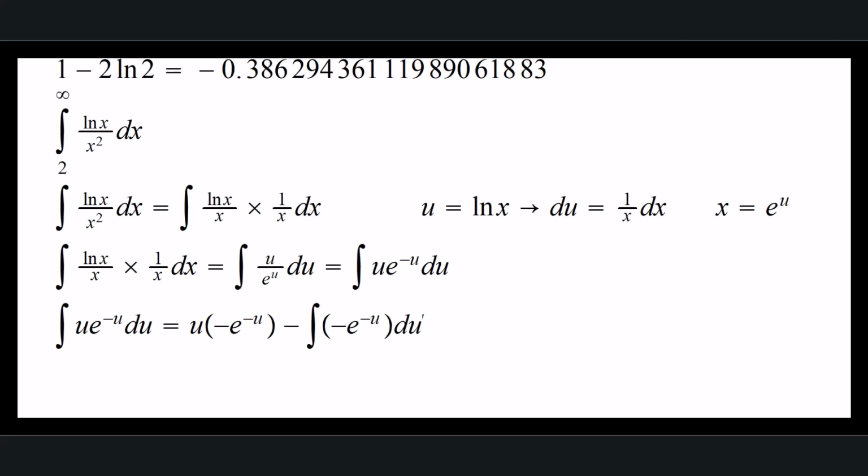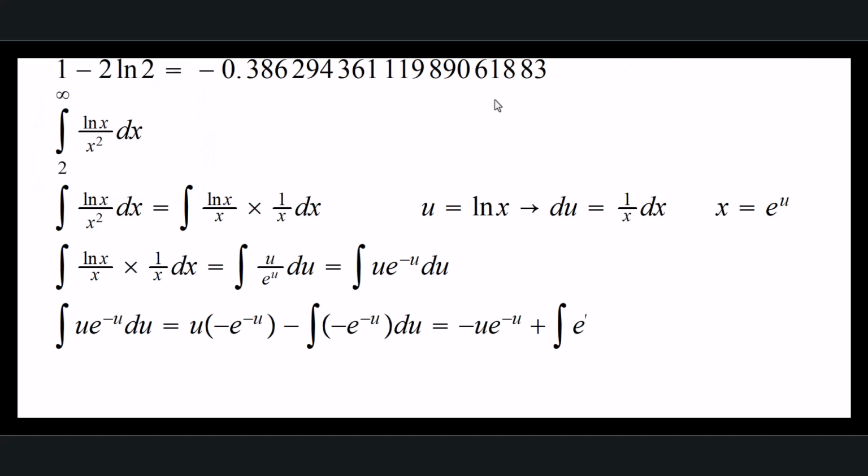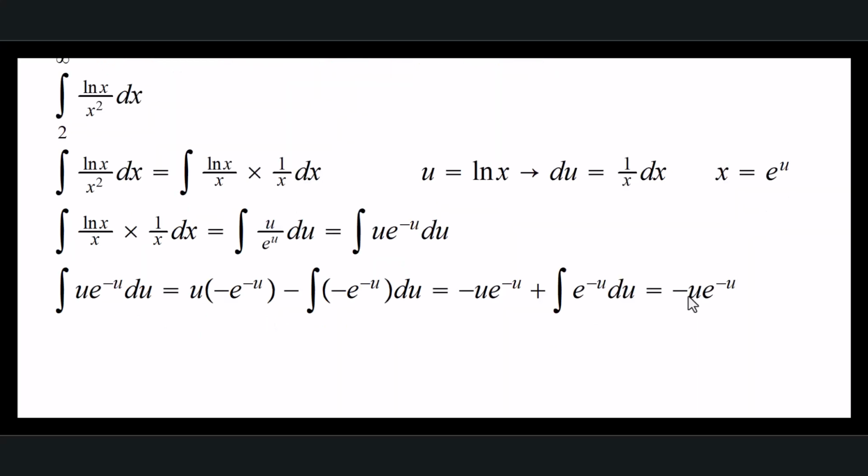What we got here is negative u e to the negative u, and then plus the integral of e to the negative u, which becomes negative e to the negative u.